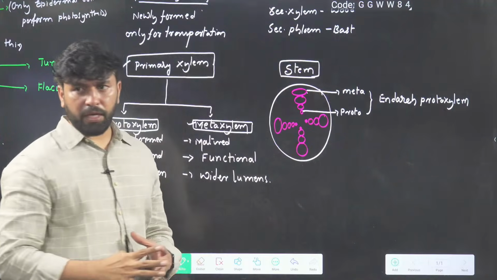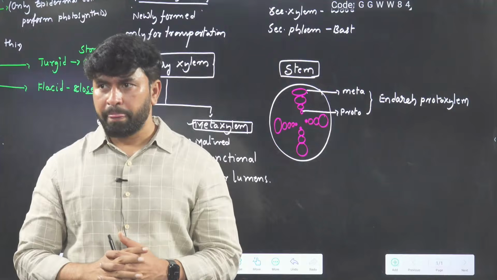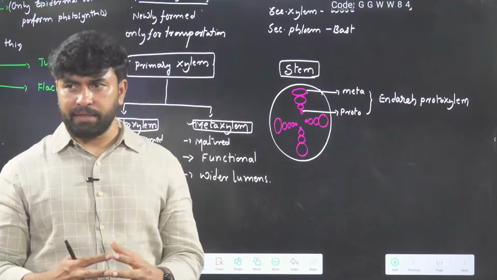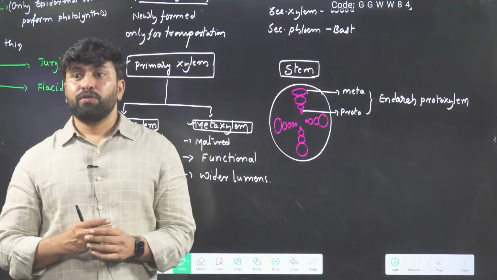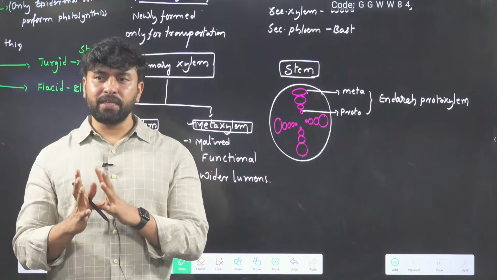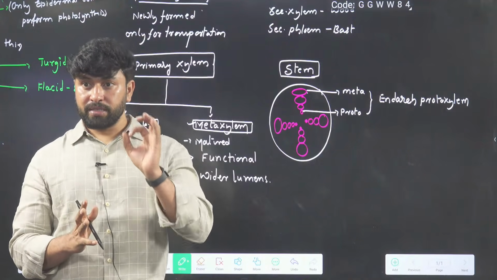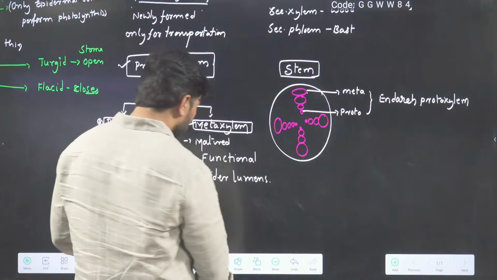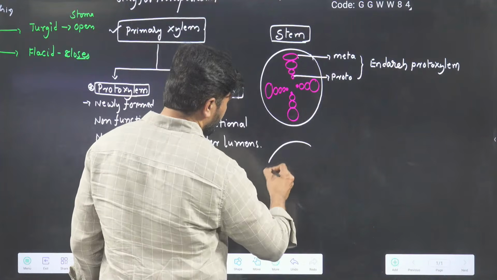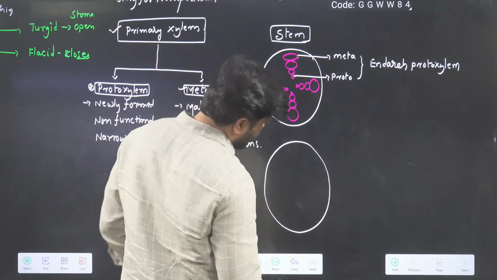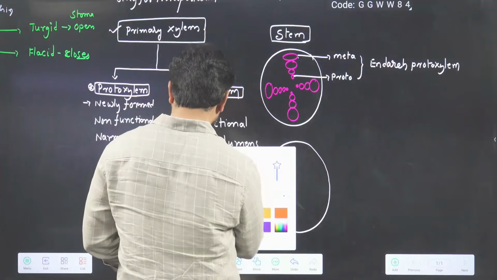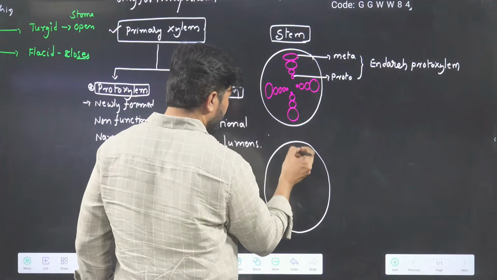If somebody gives you a piece of plant tissue and asks you to identify from where it has been collected, directly you have to see the location of the protoxylem. If the protoxylem is present in the center, that should be stem. If the protoxylem is present on the outer side, I am talking with respect to root now. In the root, the arrangement goes like this.